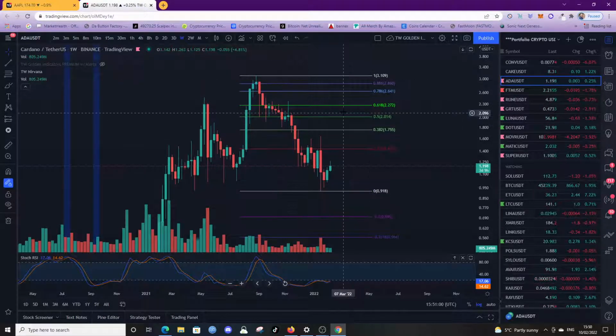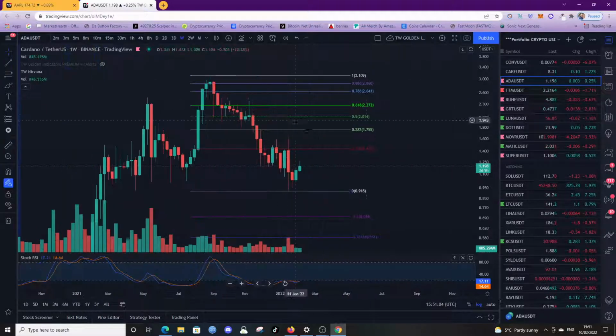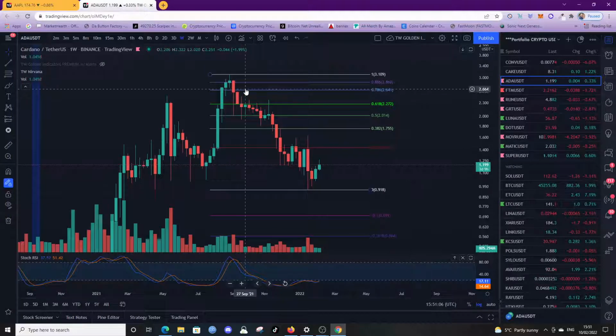So one of my targets I'll be looking at here, where you can see this hammer or inverted hammer, and we're getting selling pressure around the 618 area there, so around 230 area.